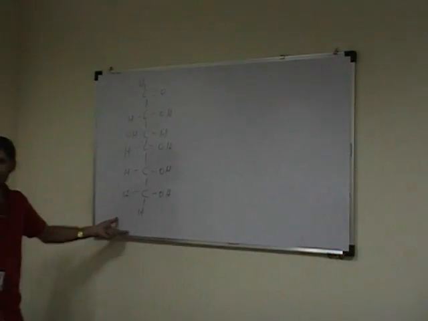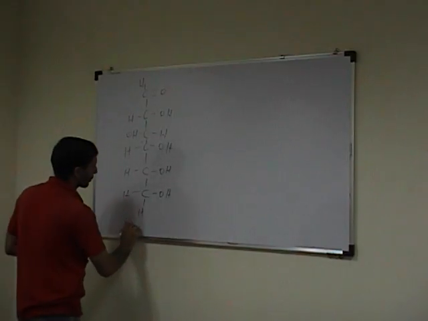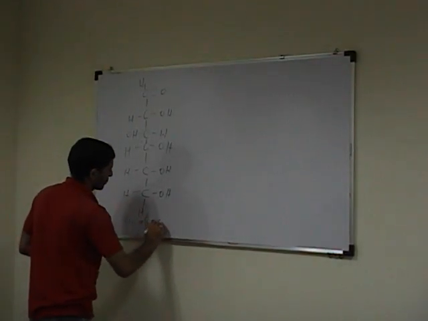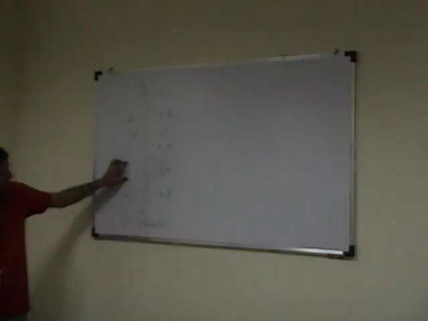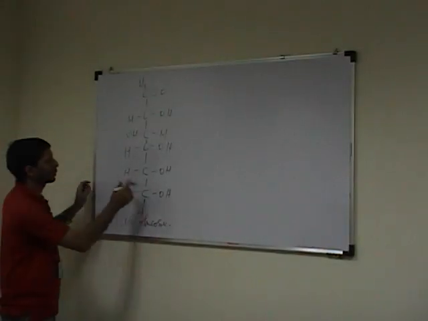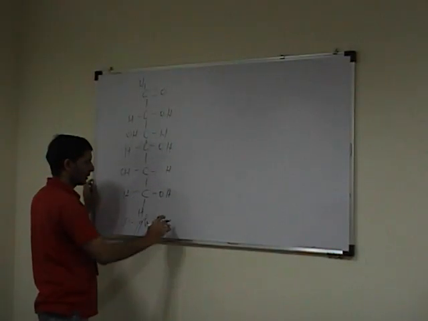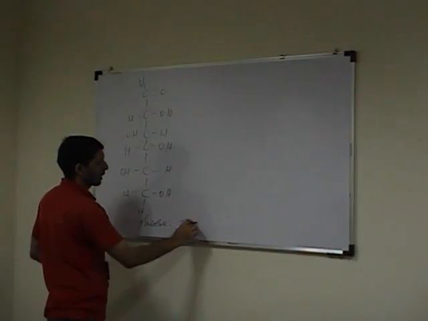This is our D glucose, right? And if at the 5th carbon the position becomes opposite, then it is L glucose.